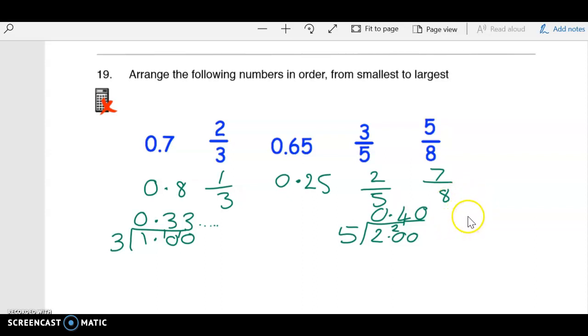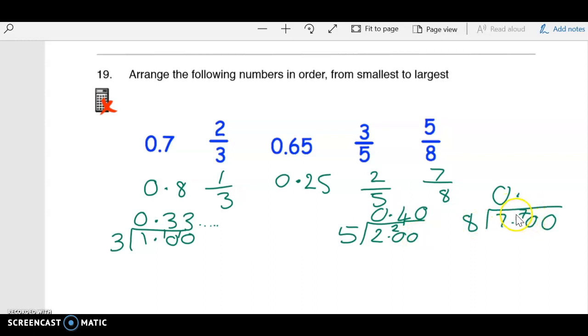So let's do a bus stop. 8 into 7, put the decimals down. So 8 into 7 doesn't go, so give the 7. So 8's into 70. How close can you go? 8 times 8 is 64. 9 times 8 is taking you over it, isn't it?